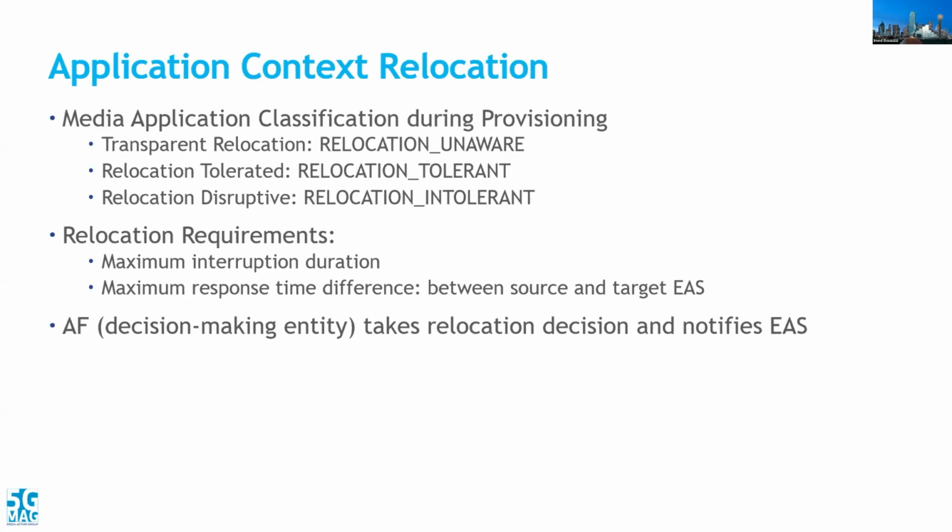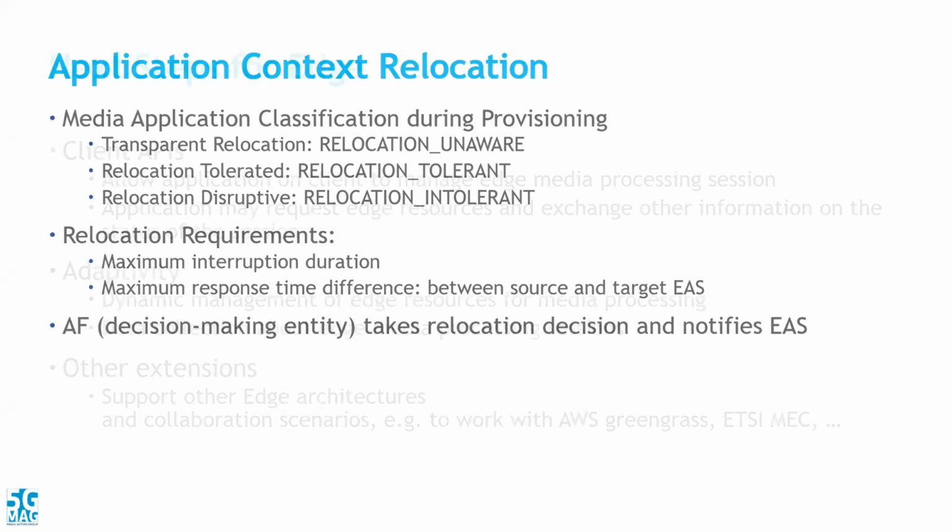But there are ideas like, for instance, the MSH or the AF can perform ping operations to the new EAS, or measure the bandwidth, the round trip time, or things like that, before making a decision on whether to relocate to a target EAS or not. These are all at the initial stage in release 17, and we're expecting that more work will be done on the application context relocation and the procedures related to that in release 18.